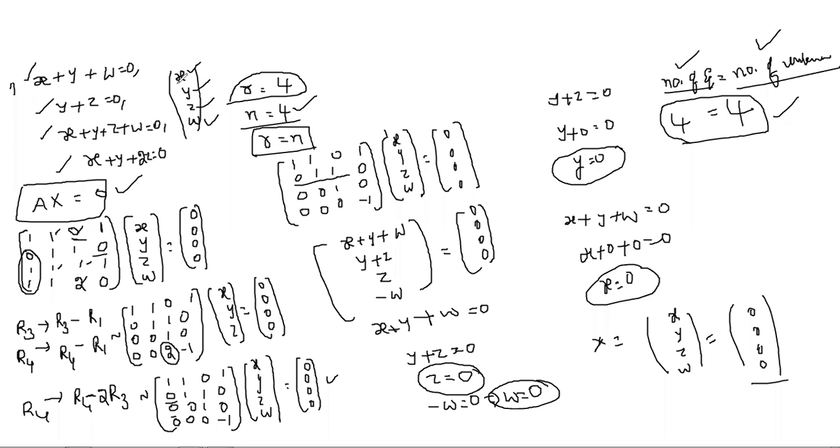Okay, so this is the next problem. Here it is. Determine whether the following equations will have a non-trivial solution. If so, solve them. So 4x + 2y + z + 3w = 0.